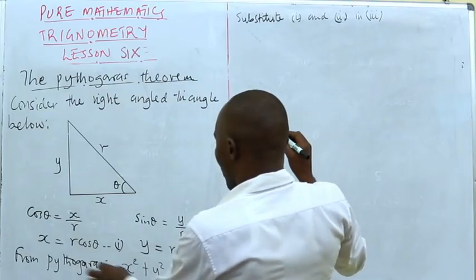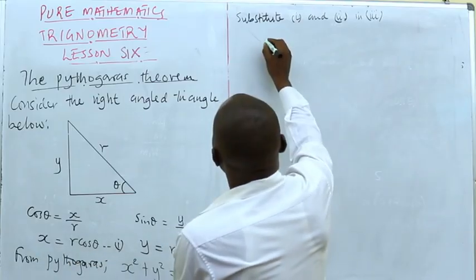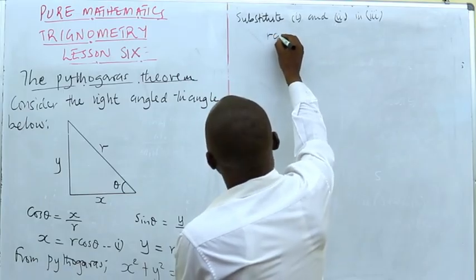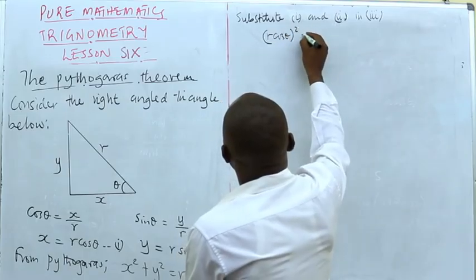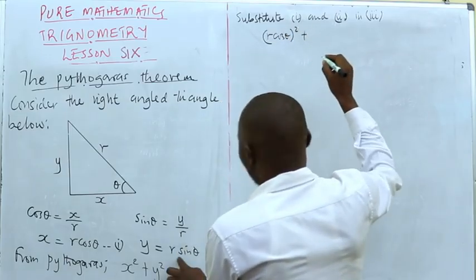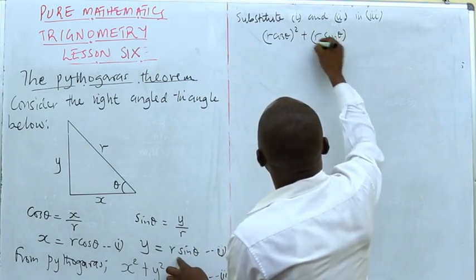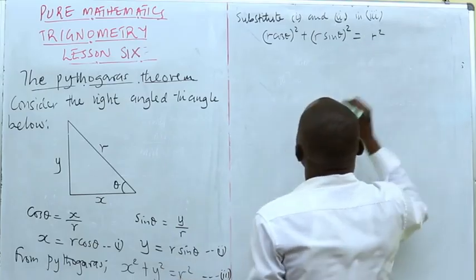So my 1 is this one. If I substitute it here, I have r cos theta squared plus r sin theta squared is equal to r squared.